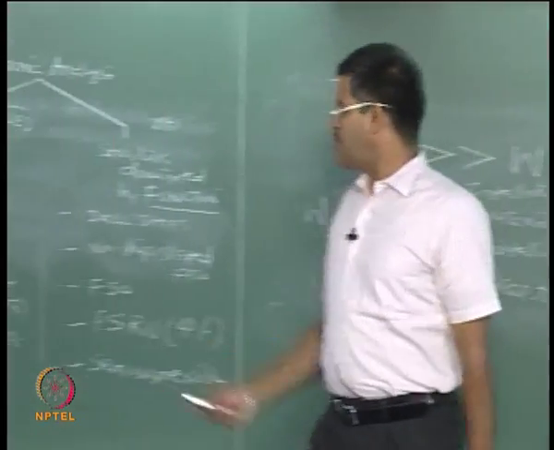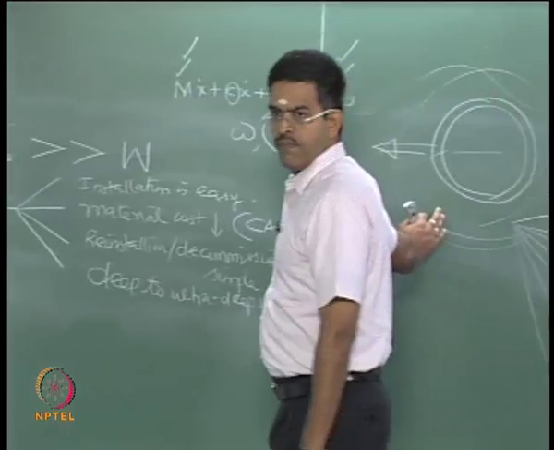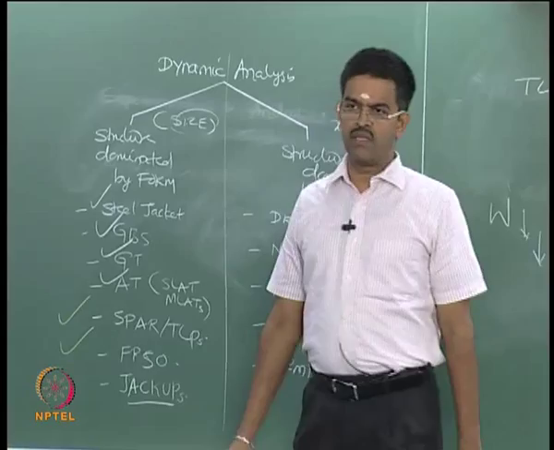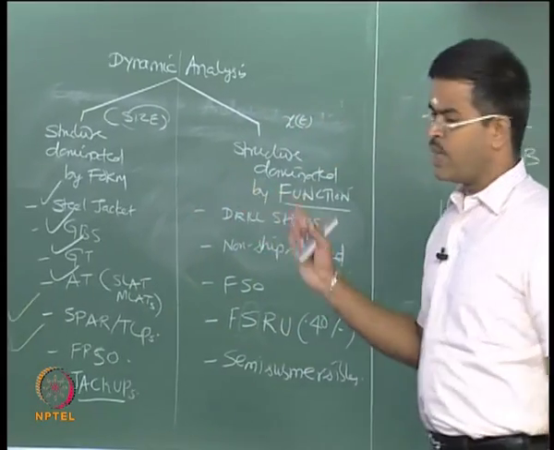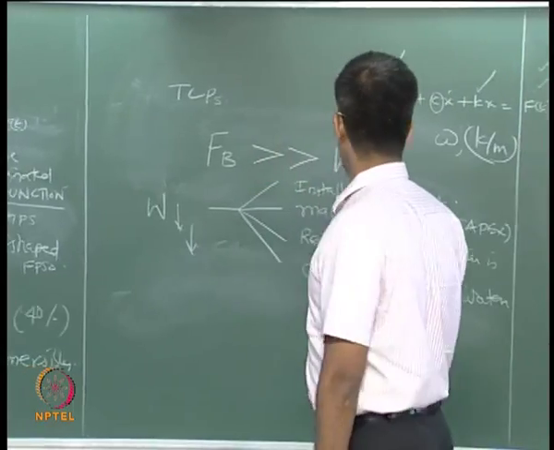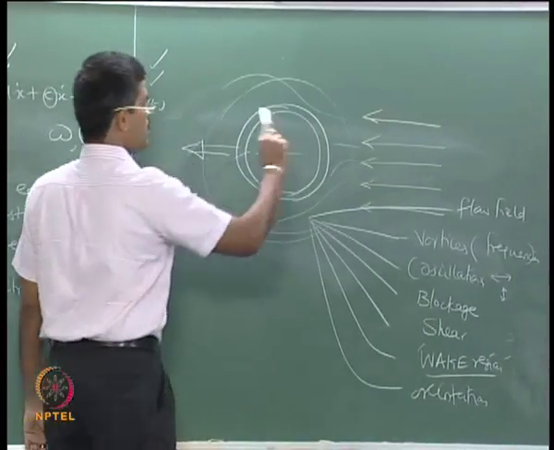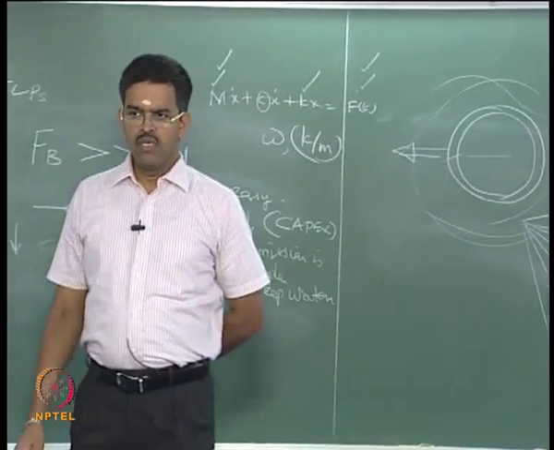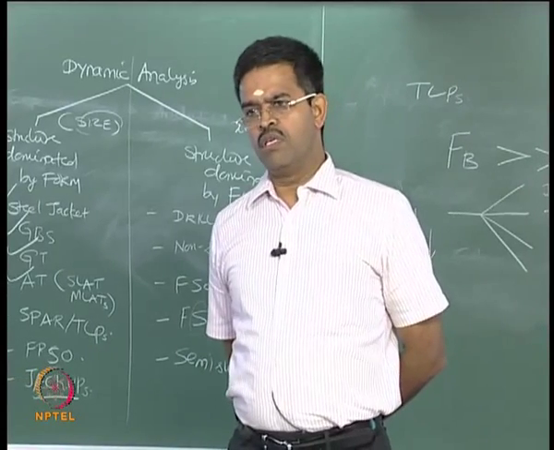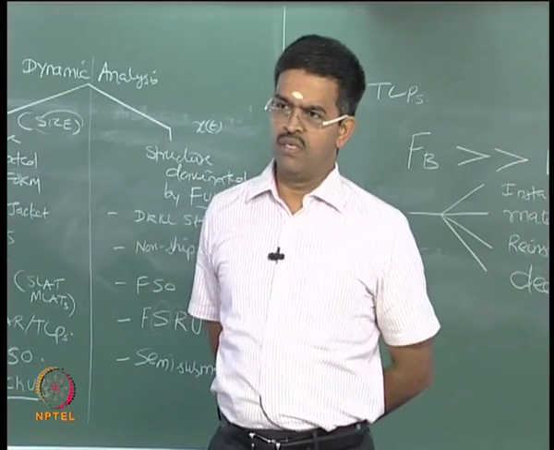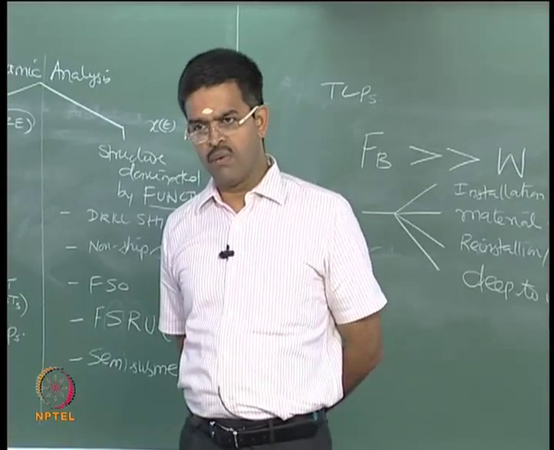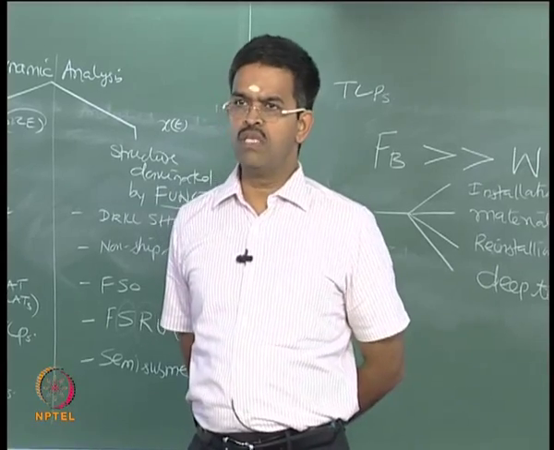And if the member is also not fixed but floating, as in the case of TLPs etc., then the compliance offered by the member will again introduce further complexity to the fluid flow regime in the vicinity of the member. So not only the member dimension, not only the member orientation, but the member location and the member fixity will also influence the characteristic behavior of the member in the given fluid flow regime, which we call fluid structure interaction.